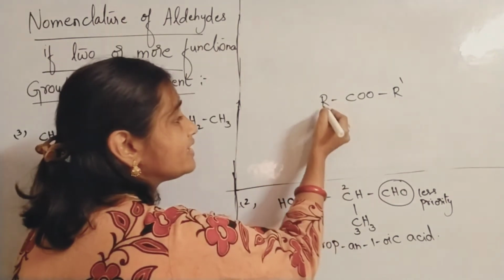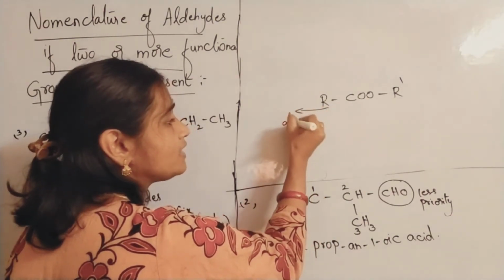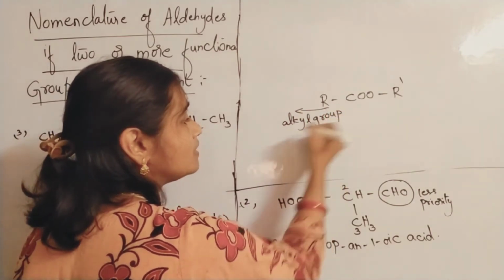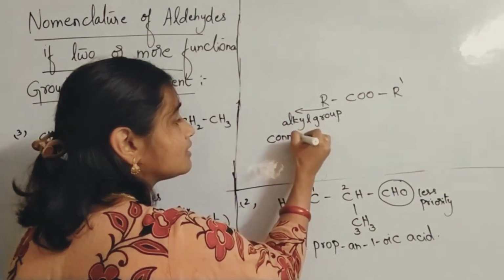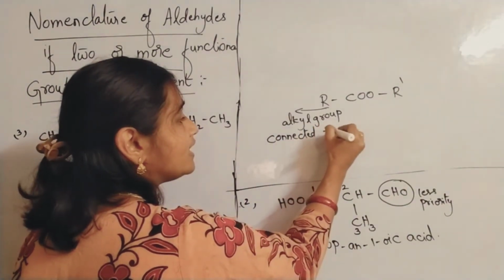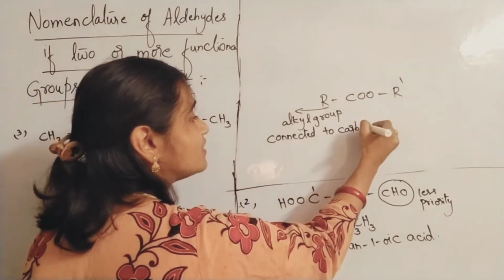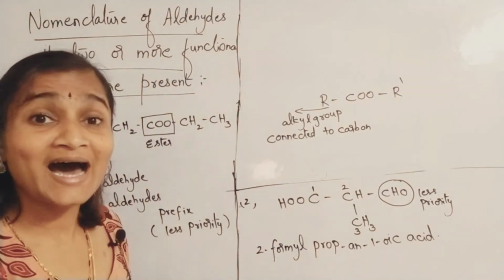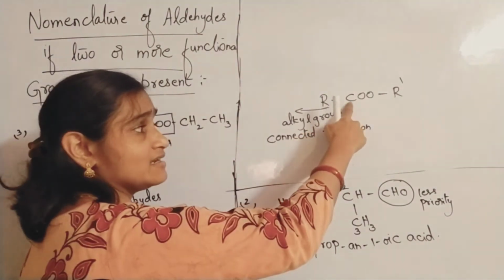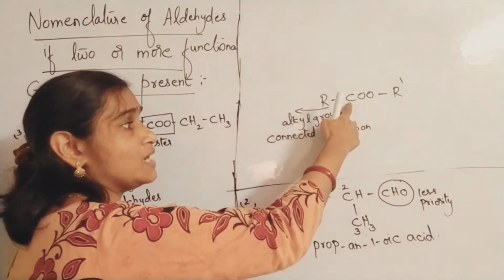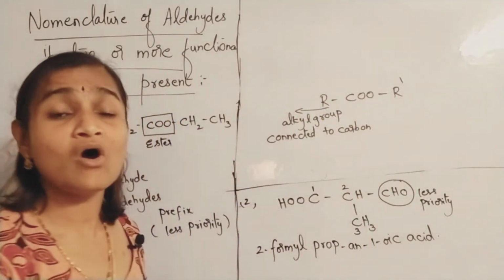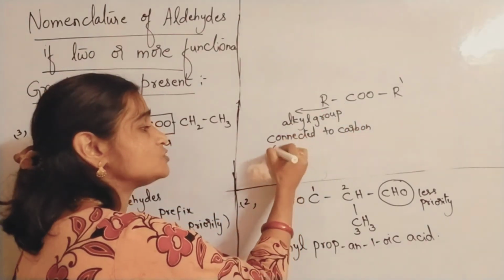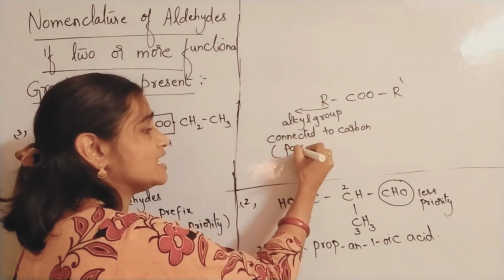Please understand carefully. Here, whatever the alkyl group connected to carbon, how much will be the length of the alkyl group connected to carbon? Here two things are there. One alkyl group connected to carbon, one alkyl group connected to oxygen. The one which is connected to carbon has to be taken as what? Parent chain.